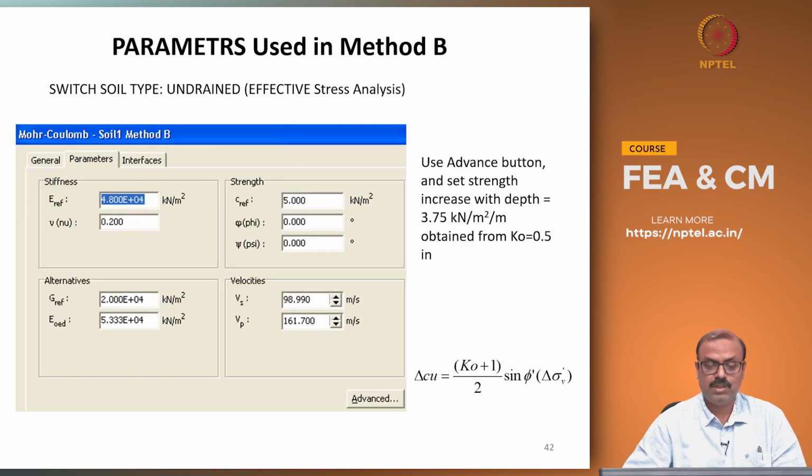Method B uses the effective strength, but the total stiffness. As you can say, it is an effective stress analysis, where we have done a delta Cu increase.